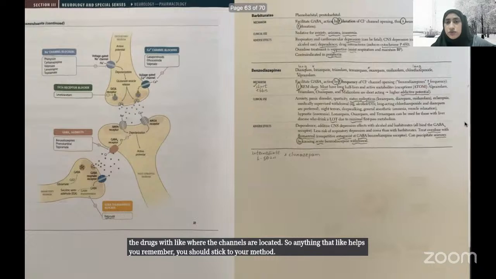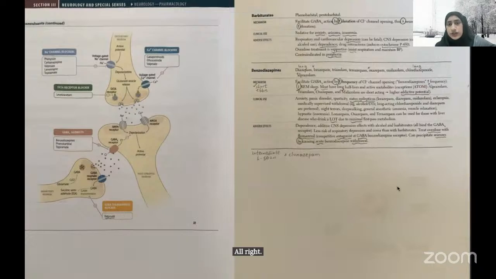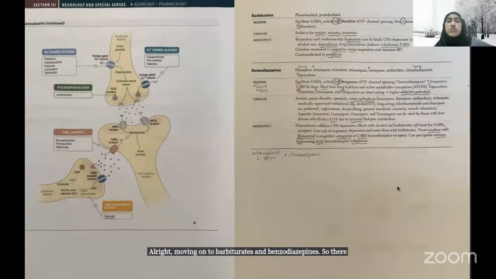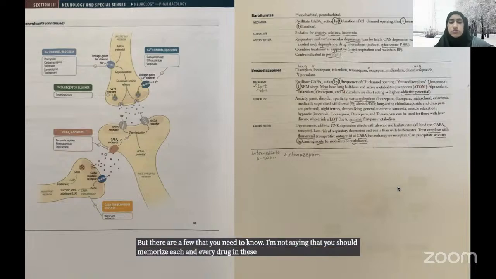All right, moving on to barbiturates and benzodiazepines. There are many drugs which are barbiturates and benzodiazepines, but there are a few that you need to know. I'm not saying that you should memorize each and every drug in these classifications, but you should know the most famous ones. For example, in barbiturates, we've got phenobarbital, which is very famous.